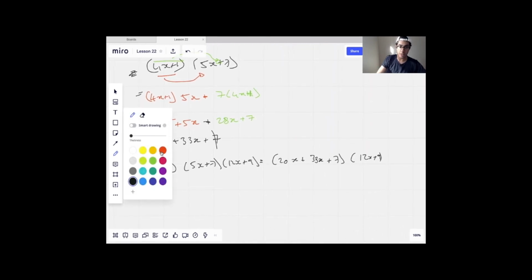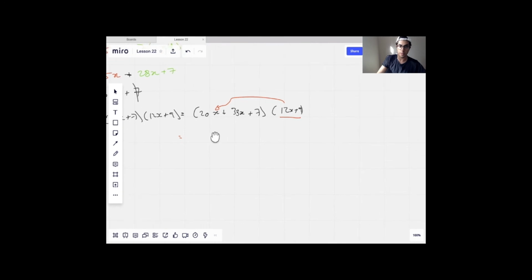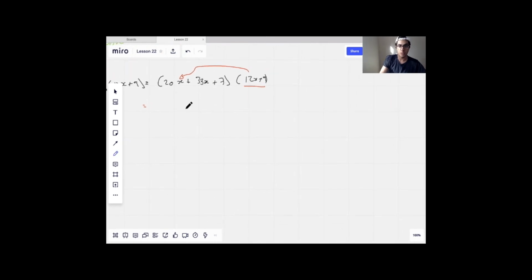Now again, the same process. 12x plus 9 times 20x squared, plus 12x plus 9 times 33x.